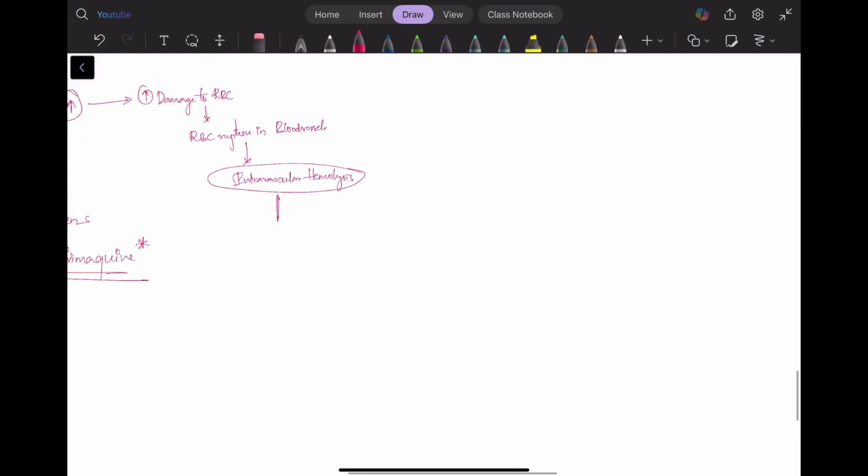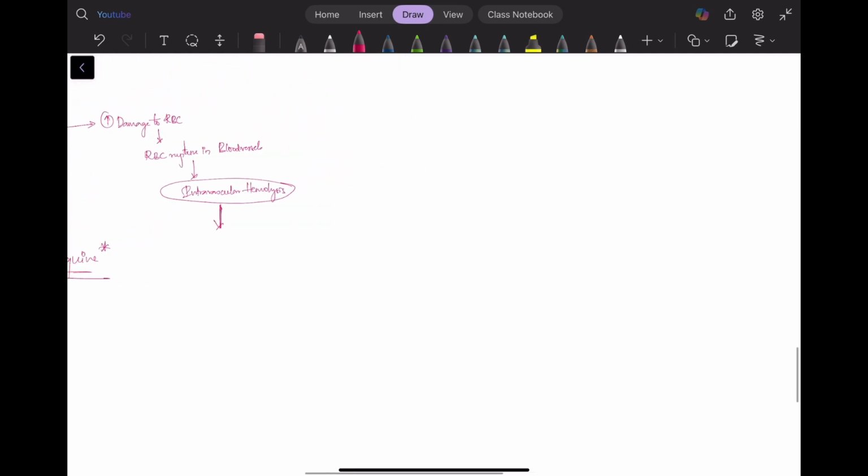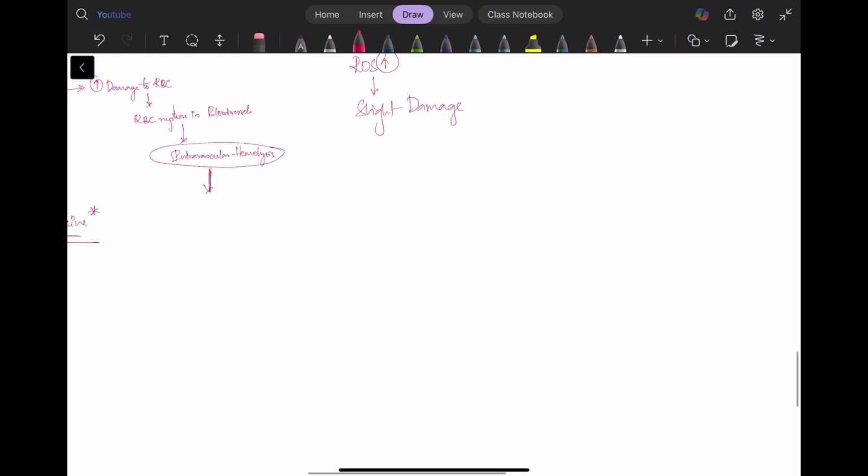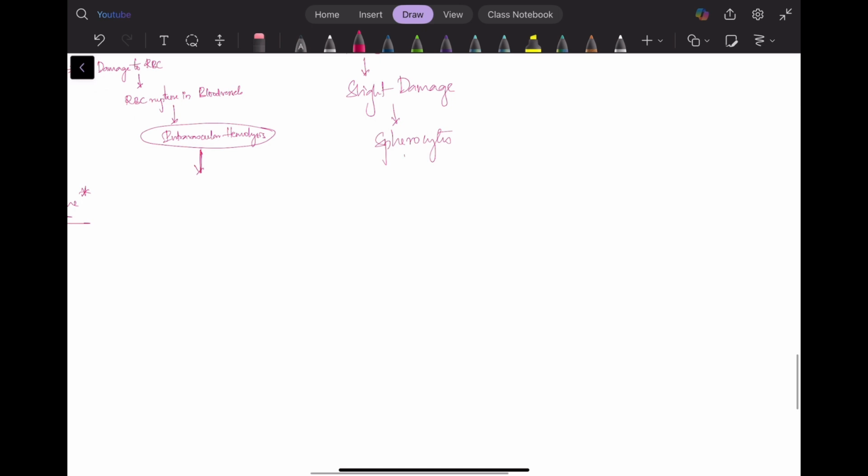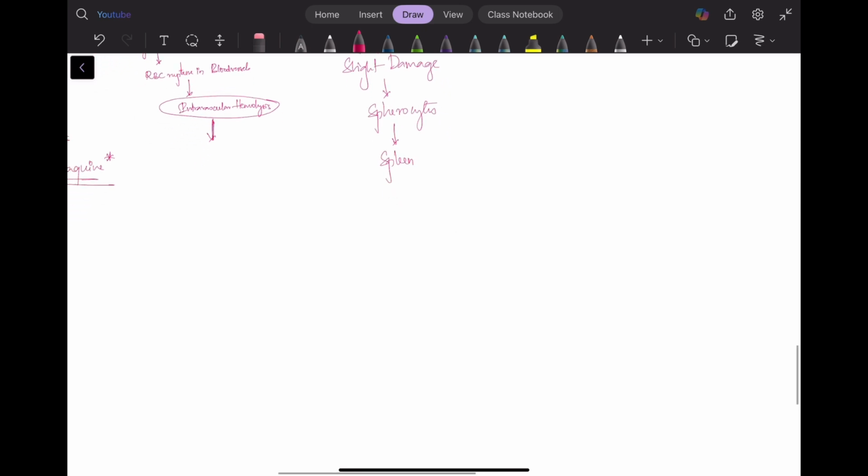Okay, then what? There is another special thing, don't forget. If ROS increases, then what happens? Slight damage. And whenever I say slight damage, yeah, there come our spherocytes. And if spherocytes come into the picture, then we have the spleen.